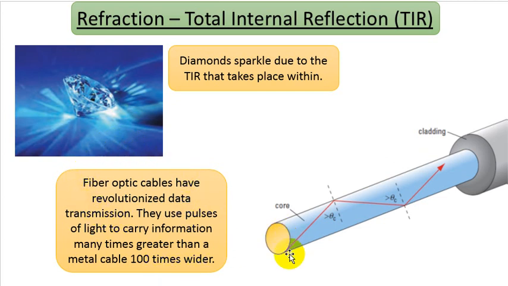In this technology, the data is sent with pulses by total internal reflection. You see, guys, it uses pulses of light to carry the information at a critical angle, and this data is not refracted but just reflected back and can travel very fast. It can travel 100 times faster than a metal cable.